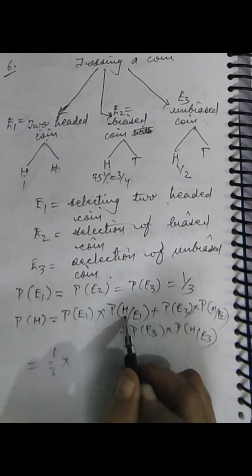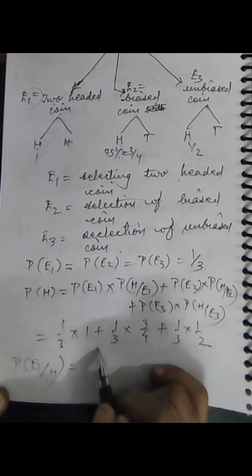First case will be probability of E1 multiplied by probability of head in the case of E1, plus probability of E2 with head in the case of E2, plus probability of E3 with head in the case of E3. So this can be written as E1 is 1/3, head in the case of E1 is 1. In the case of E2 it is 1/3 into 3/4, and third case it is 1/3 into 1/2.